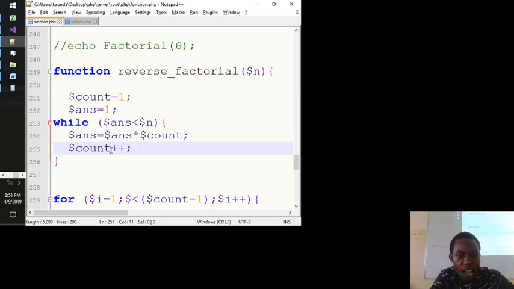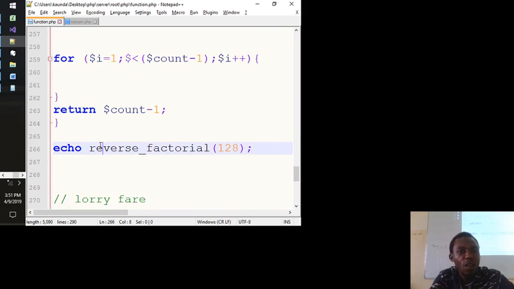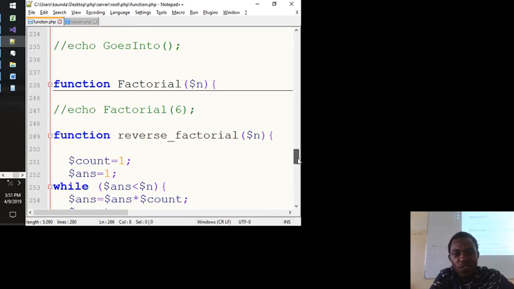So I just have to take the actual factorial of this number. Then I'll get a value for that. Then I'll now subtract it from the actual number I've been given. The difference will be the remainder.